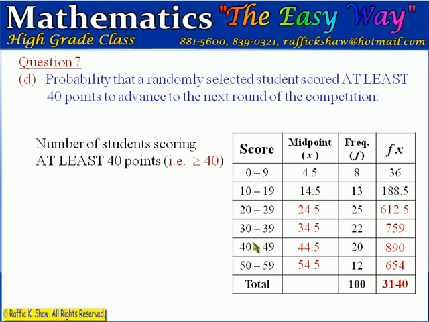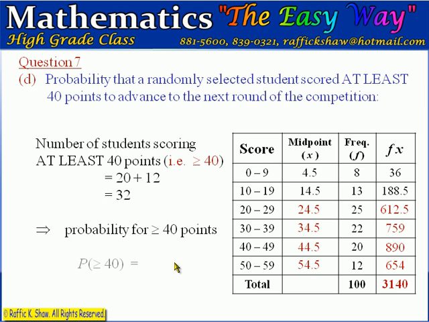And the total number of students from these two groups would be 20 plus 12. So that's 32 students. And so 32 students scored 40 points or more, at least 40 points. And so the probability of selecting one of these 32 students from the 100 students in the competition would be 32 divided by 100, and this is it.